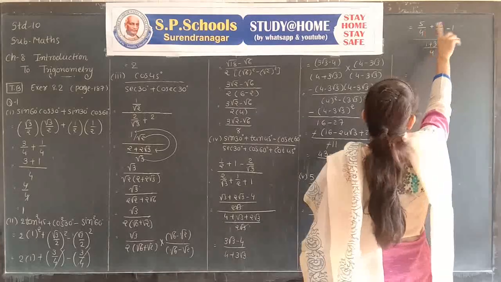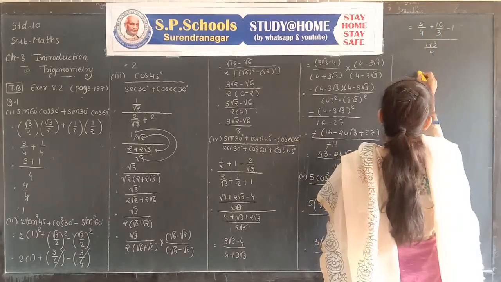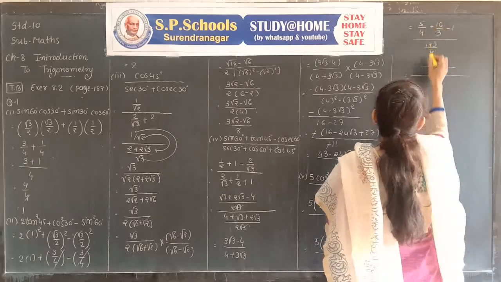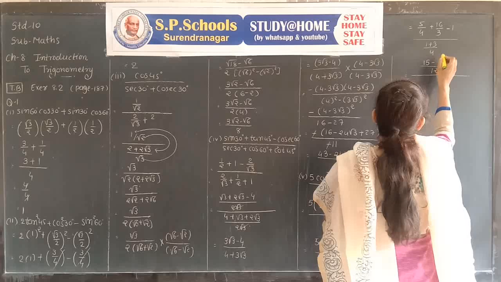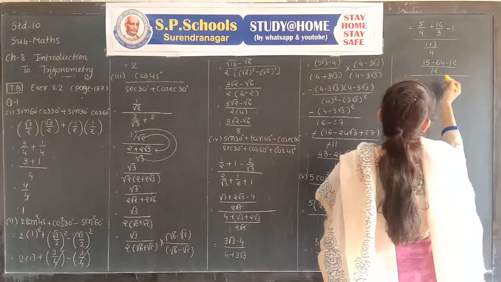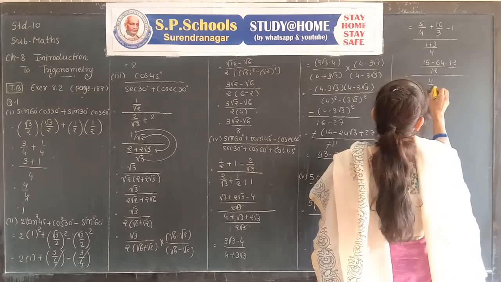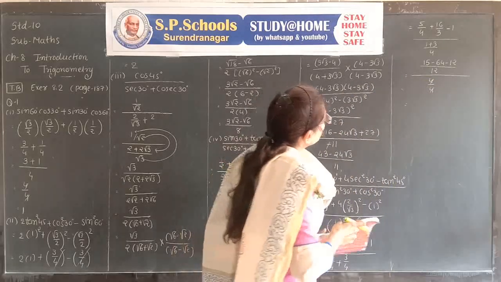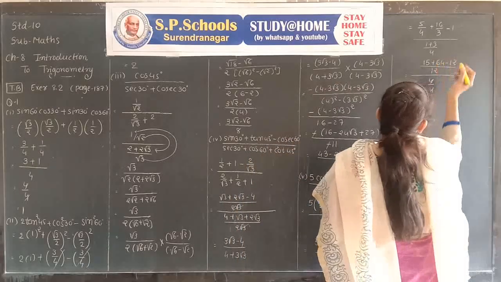Take the LCM in the numerator. In the numerator our LCM is 12: 5 3s are 15, minus 16 4s are 64, minus 12, upon 4. 4 and 4 cut, it is a plus.